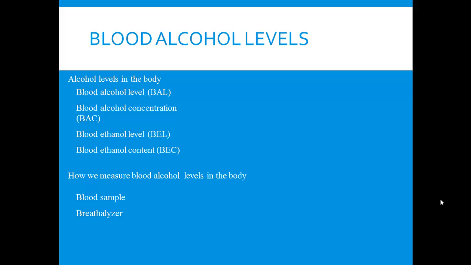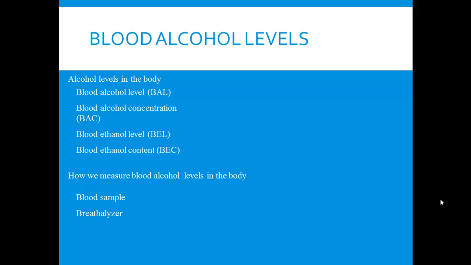Okay. Now, probably the largest difference you see in whether we use BAL, BAC, BEL, or BEC is that more often than not, if you're reading a published research article and animals have been used in the study, you're more likely to see blood ethanol level, blood ethanol content. You're more likely to have an investigator refer to the substance as ethanol in an animal study.